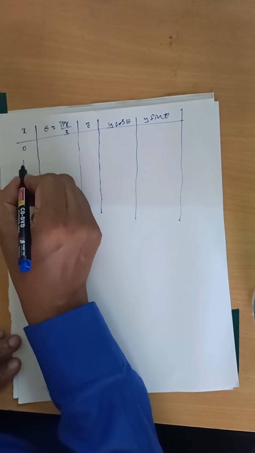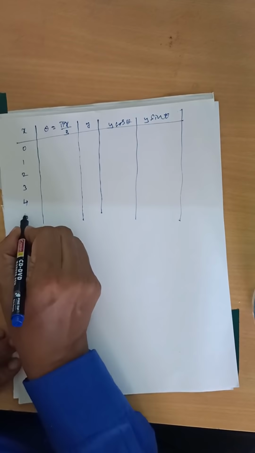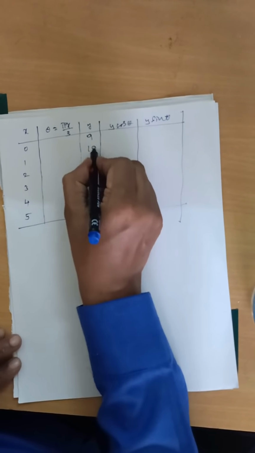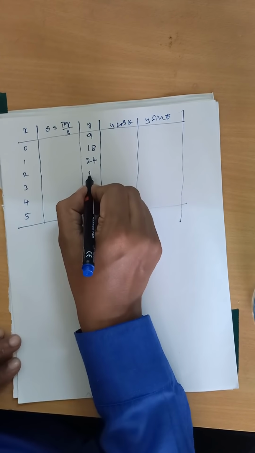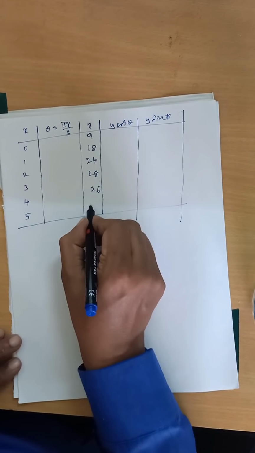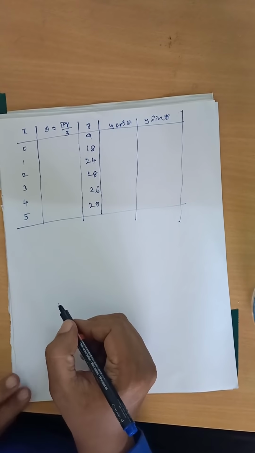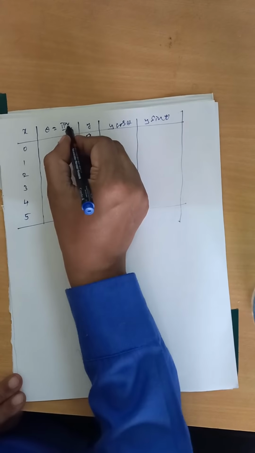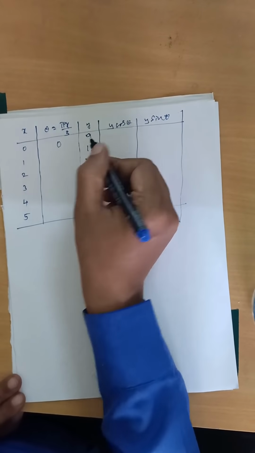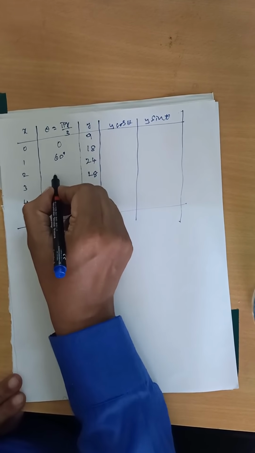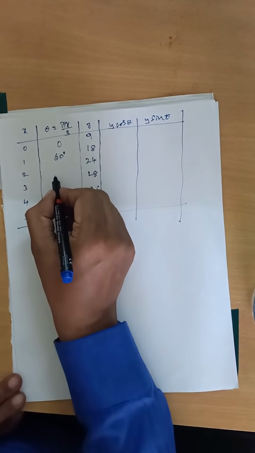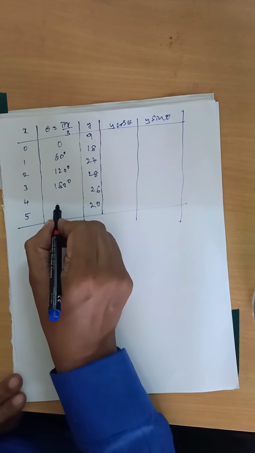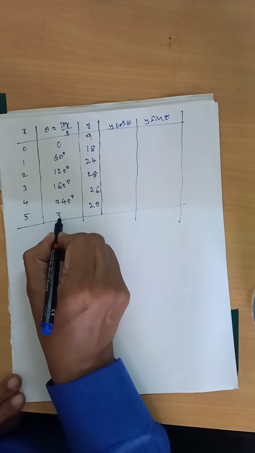X is 0, 1, 2, 3, 4, 5, corresponding y is 9, 18, 24, 28, 26, 20. You apply x value here 0, x value is 1, theta is pi by 3, pi by 3 means 60 degree. Next, apply 2 to x, you will get 120 degree, 180 degree, 240 degree, last one 300 degree.